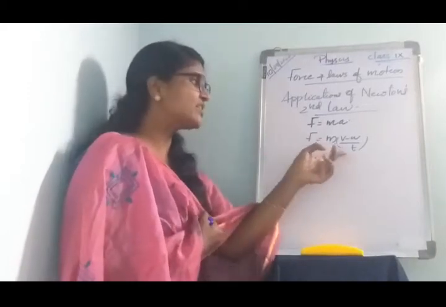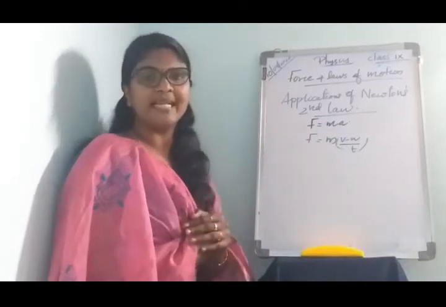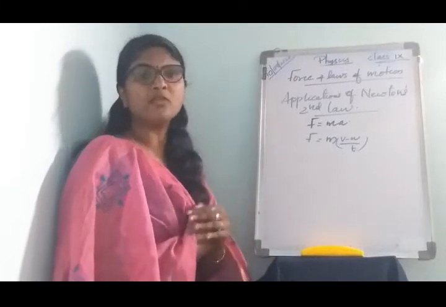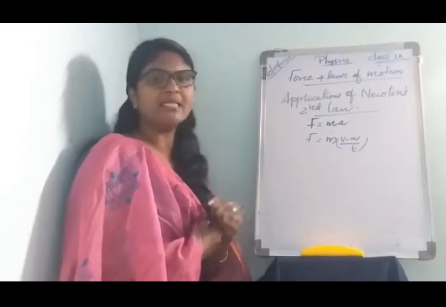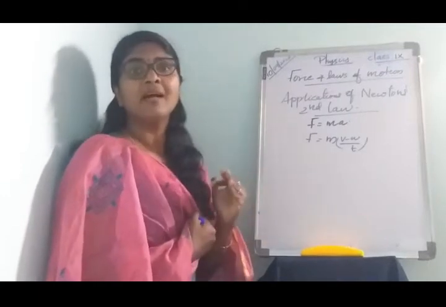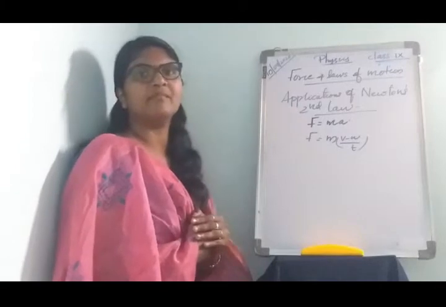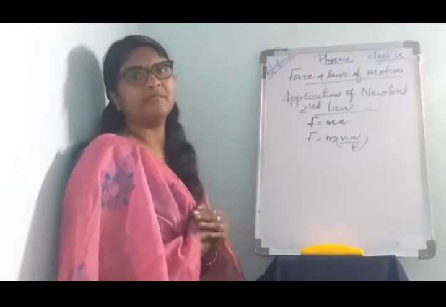By this relation, as time increases, force will decrease. So the force exerted by the ball on the hands of the player decreases, and the hands of the player do not get hurt. That is why while taking a catch, the fielder lowers his hands.